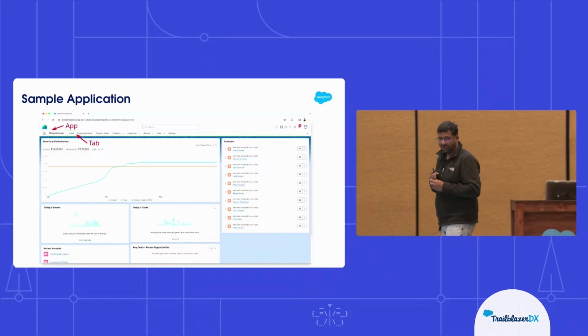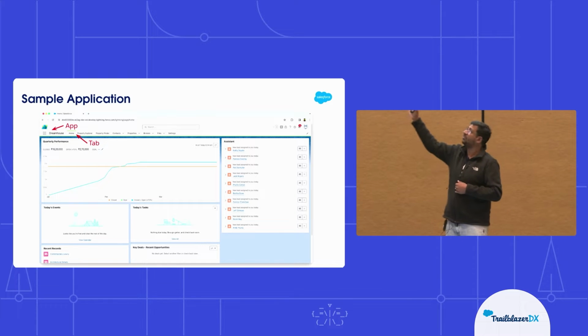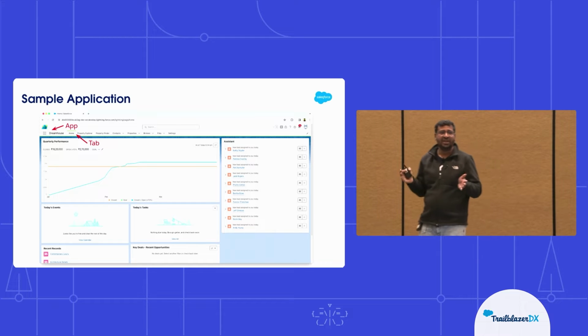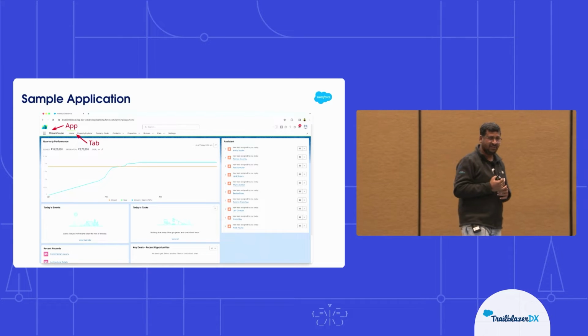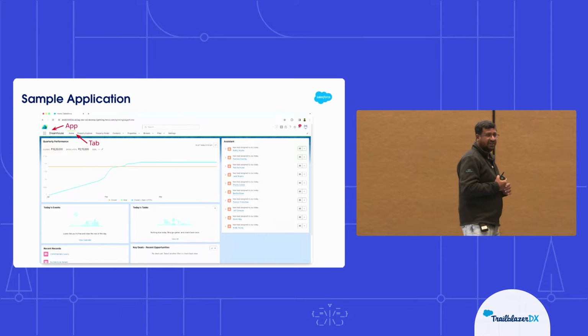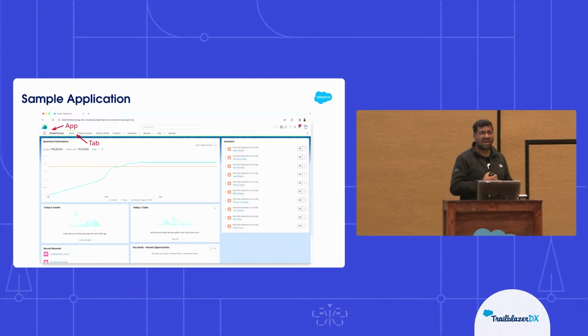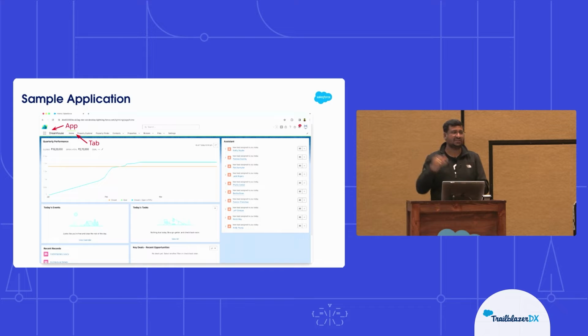That's what you do, right? So this is how a Salesforce application looks like. It also has an app. You can have a home page, and you can have multiple pages there. But in Salesforce terminology, we call these multiple pages as tabs. So a page in general places can be called as a tab in Salesforce.